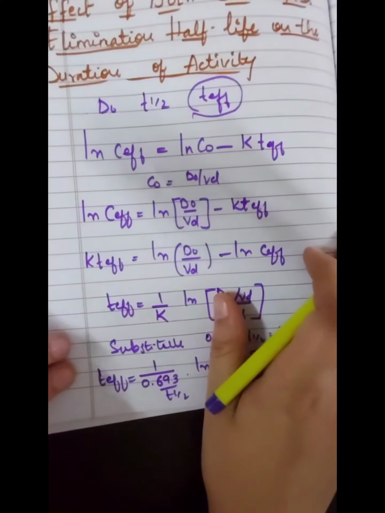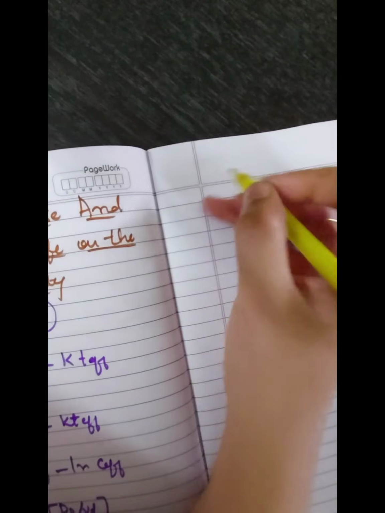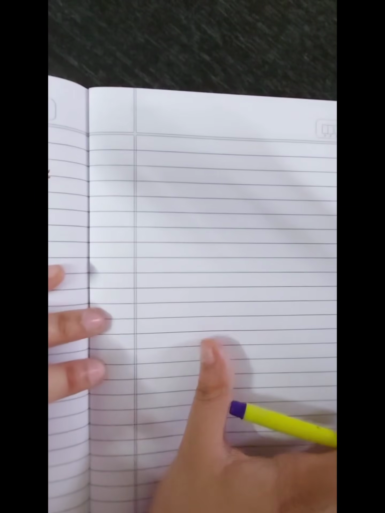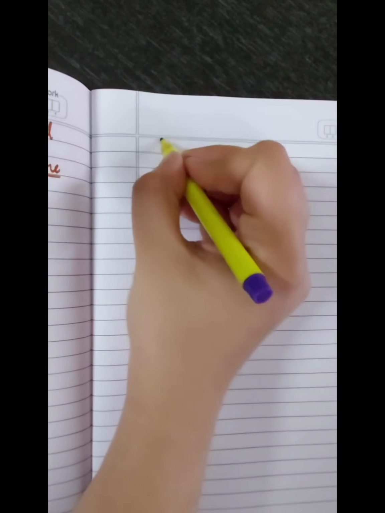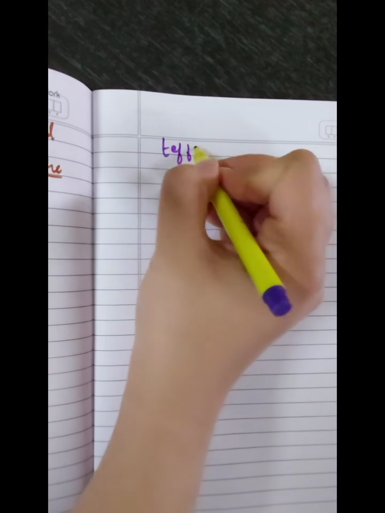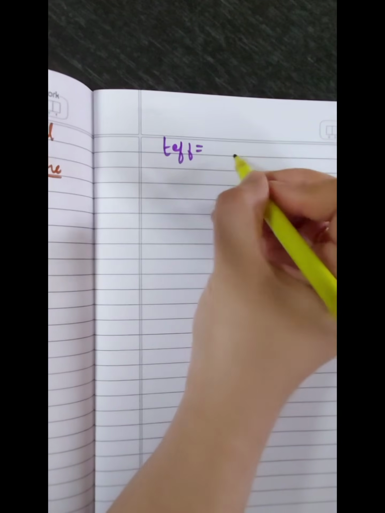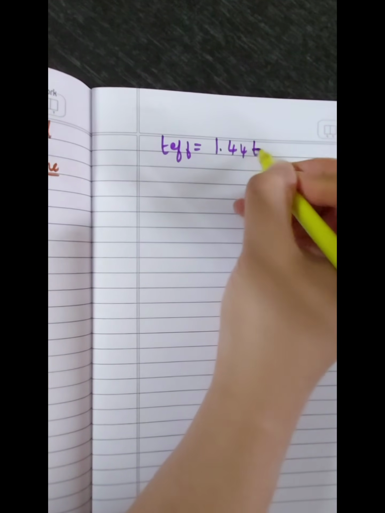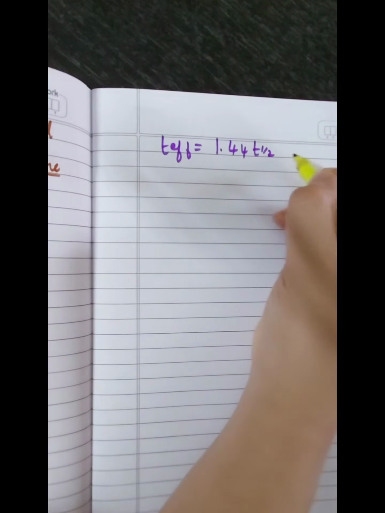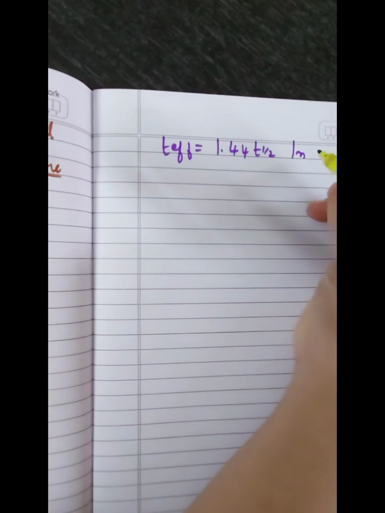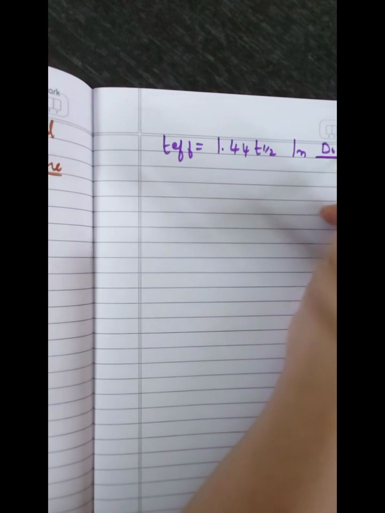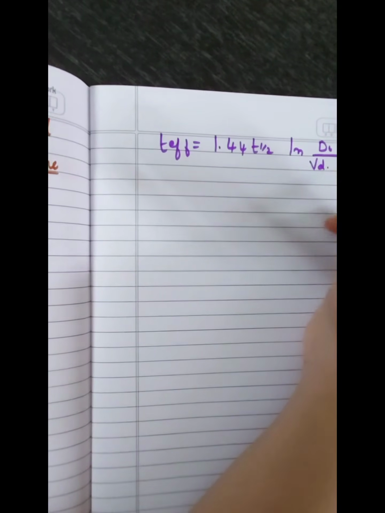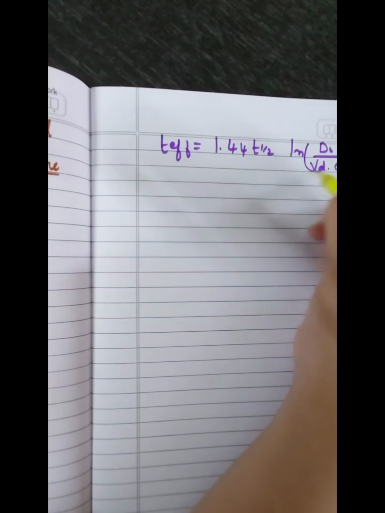So we can rewrite this equation as: T effective equals 1.44 into T half into natural log of D naught divided by VD into C effective.